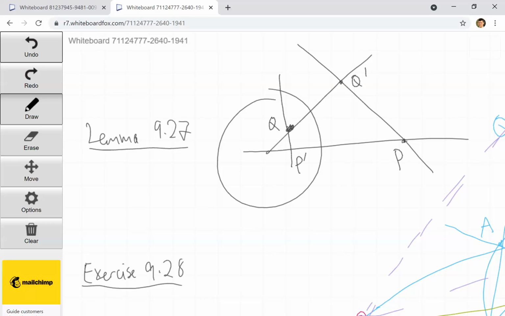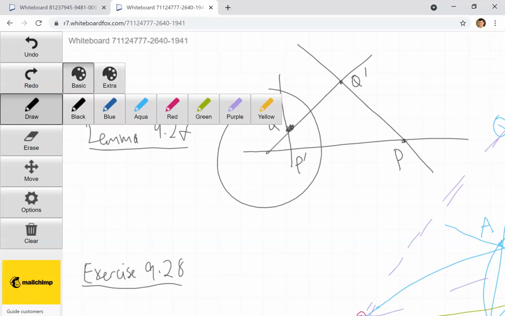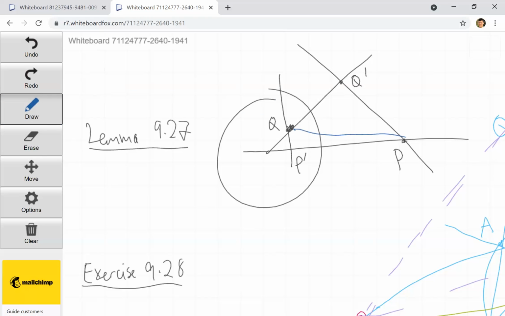Prove that the circle with diameter PQ, this circle here. Oh, it might go through Q prime actually, right? It goes through P prime as well. Is orthogonal to. Well, I think we sort of proved it. So this is omega and this is gamma. Prove that omega and gamma are orthogonal.